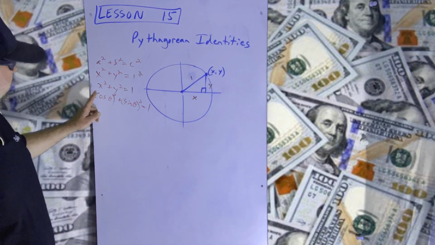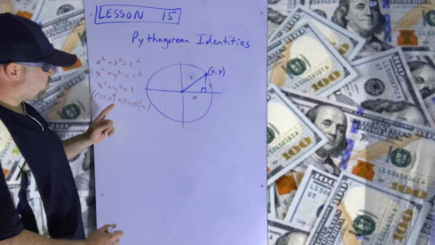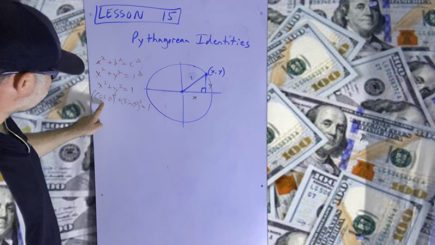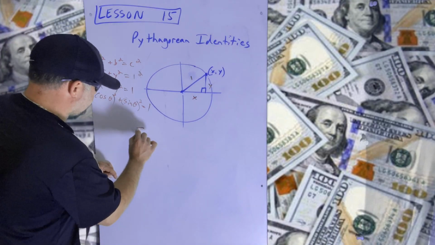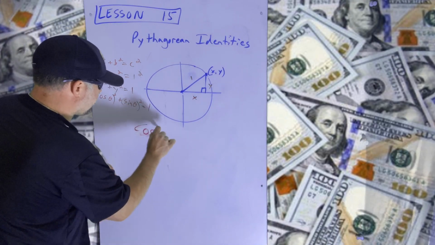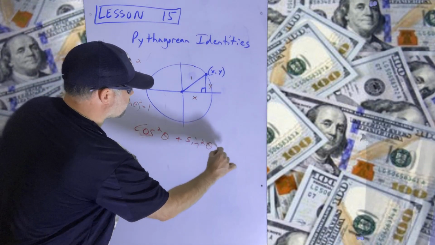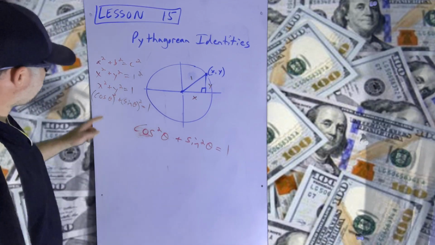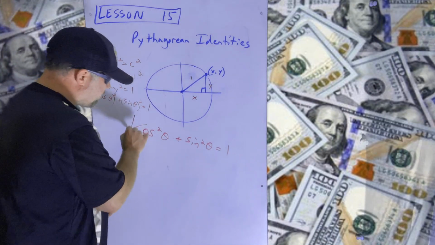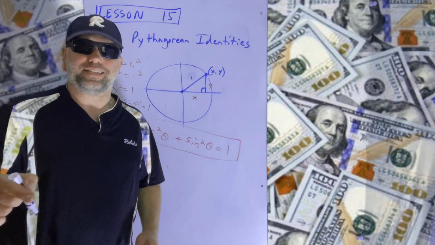So I've replaced the x with cosine, I replaced the y with sine to come up with our first Pythagorean identity. Now it can be written like this, but you also might see it written like this: cosine squared plus sine squared equals 1, or you could have it in parentheses with the squared outside. That right there is our first Pythagorean identity.